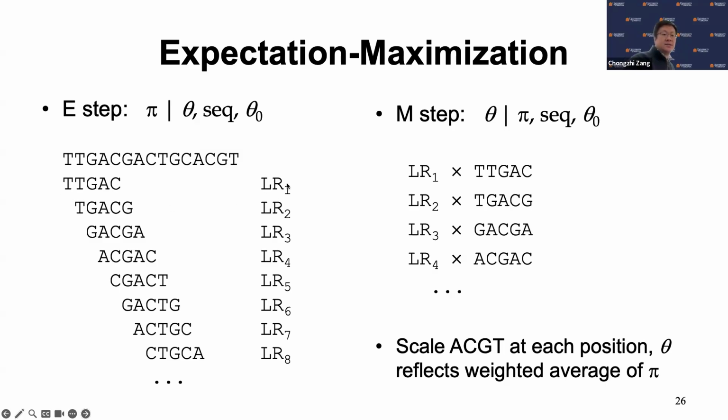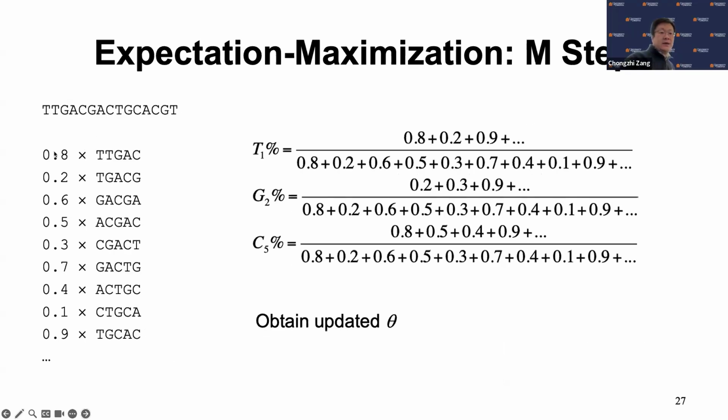Then, with the likelihood ratio scores and the sequence information of every position, we calculate the updated frequency of each of the four nucleotides by this equation. The frequency of having a T at the first position is a weighted average.